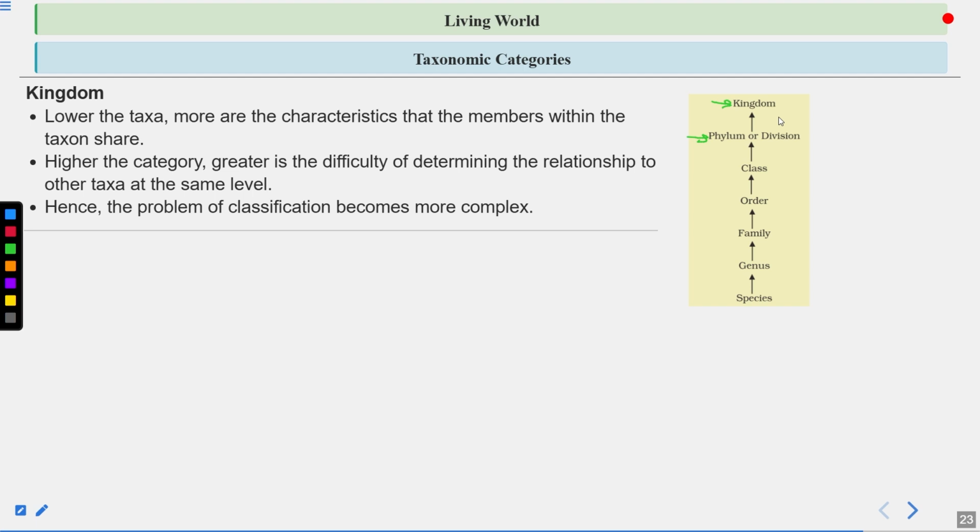They might be similar in some broad characteristics, otherwise they are not that similar. That's why it is difficult to determine the relationship to other taxa present at the same level.